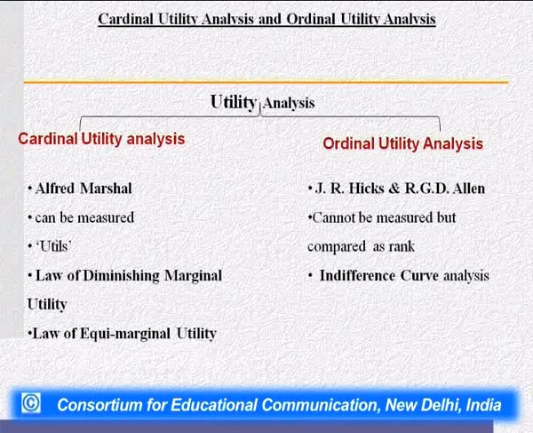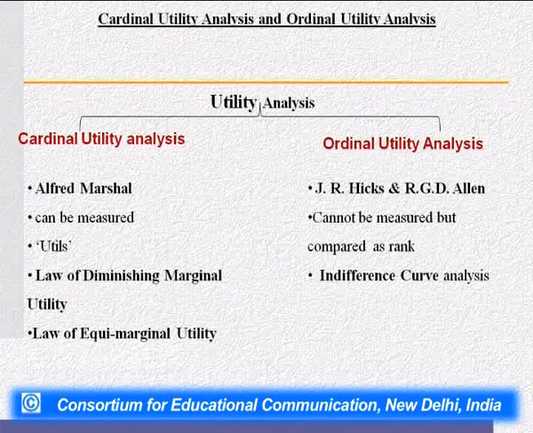On the other hand, J.R. Hicks and R.J.D. Allen suggested that the cardinal approach is not appropriate and utility can't be measured but compared as rank, and under this approach they derived indifference curve analysis. So we are going to discuss these concepts under cardinal utility analysis and ordinal utility analysis.